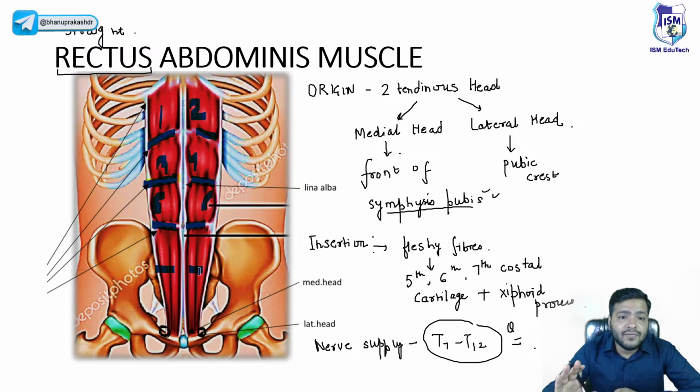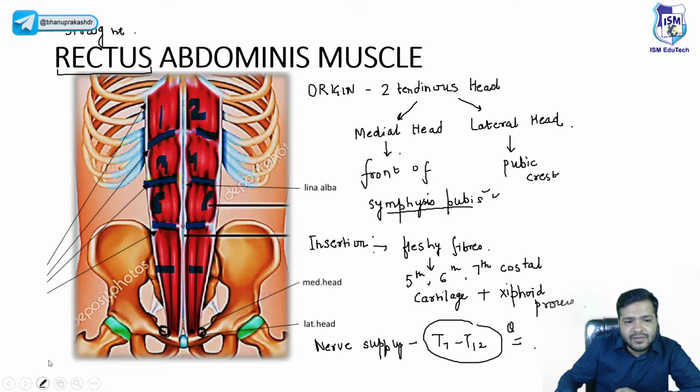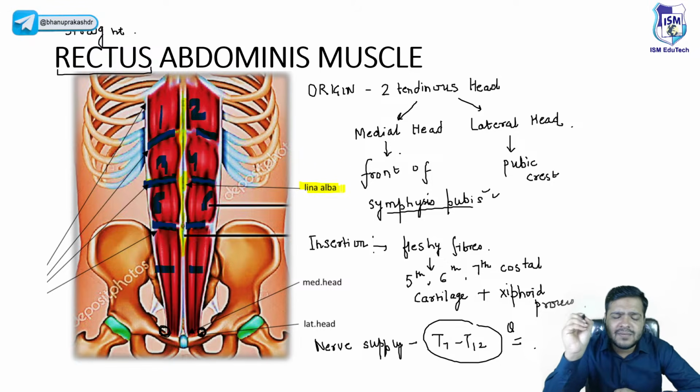Even though there is something which is called the linea alba. ये बीच में जो white line दिख रही है बेटा, that I'm highlighting with yellow color, it is called the linea alba. But a linea alba receives insertion of every muscle, external oblique, internal oblique, transverse abdominis, and pyramidalis, but it does not receive the insertion of the rectus abdominis muscle.